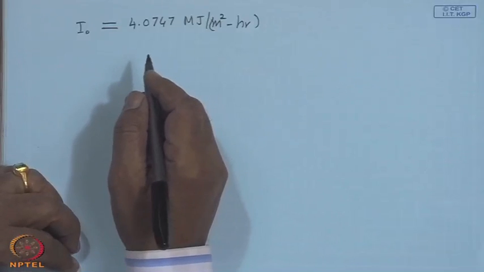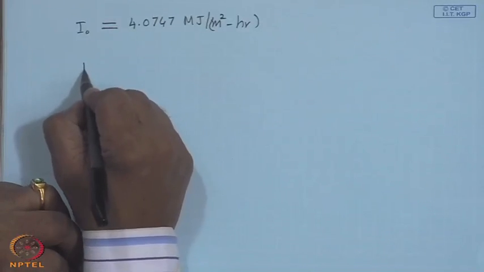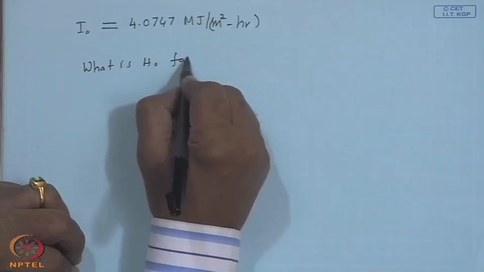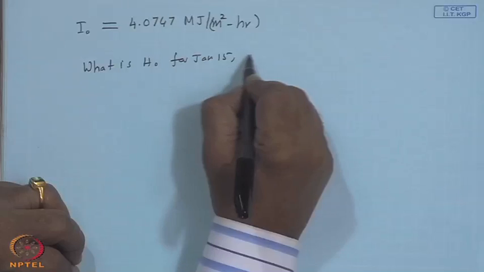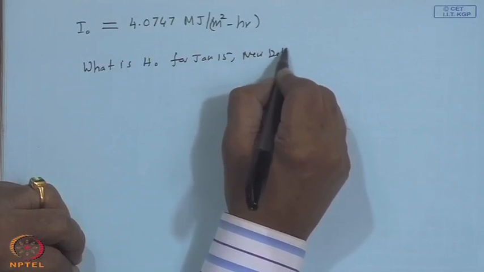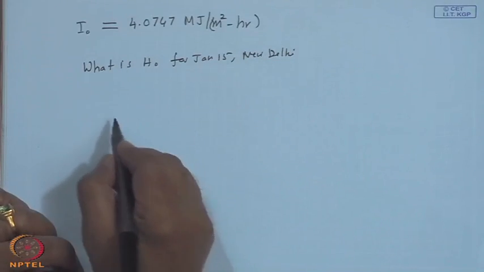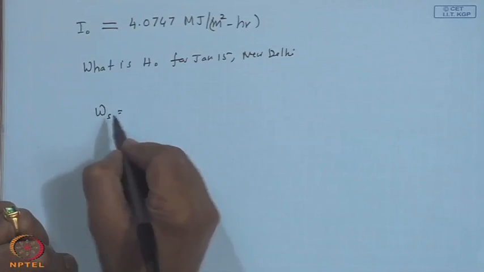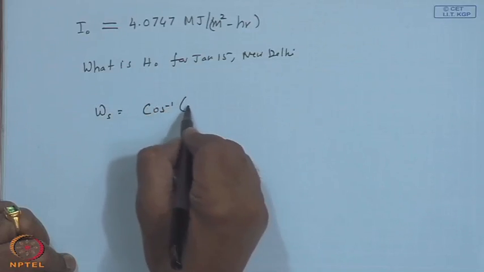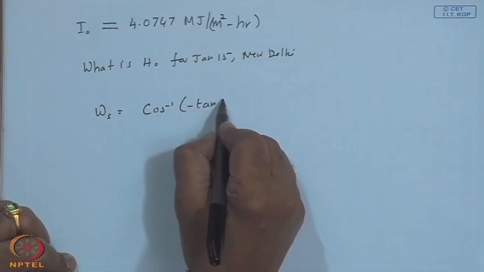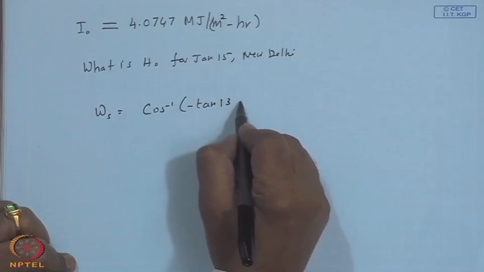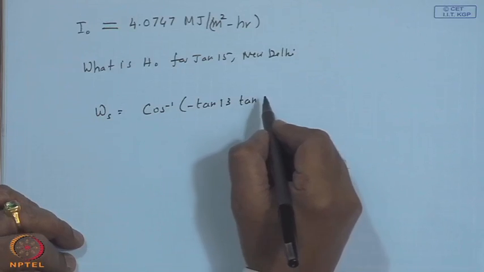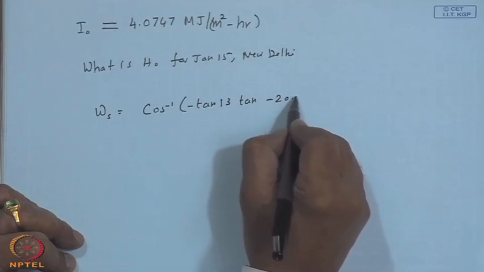Now, we are asked to calculate what is H 0 for January 15. Okay. So, I need the sunset hour angle omega s, which will be cos inverse of minus tan 13 tan delta, which is minus 20.9.